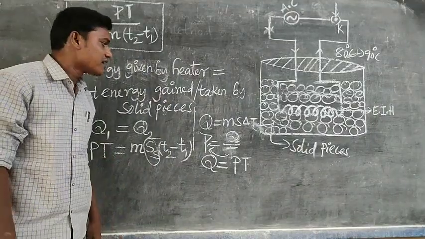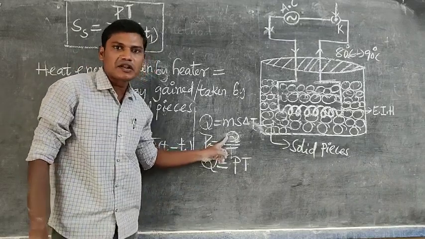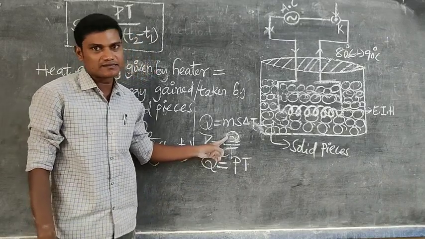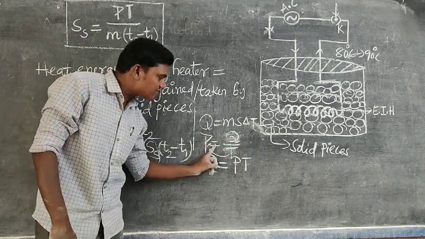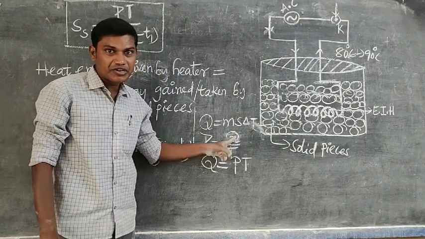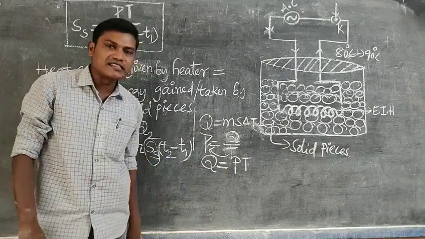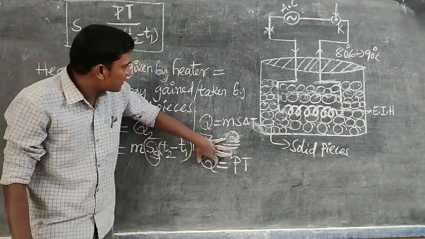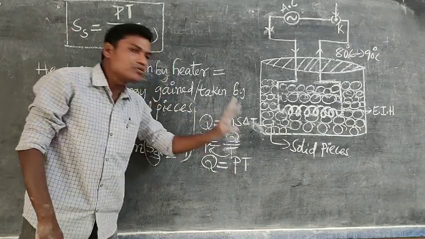So instead of W, work done, we use the heat energy produced during the work against friction. That's why power is equals to heat energy produced by time. Then from this we can write Q equals PT. Q is the heat energy given by the heater, that is nothing but power of the heater into supplied time.